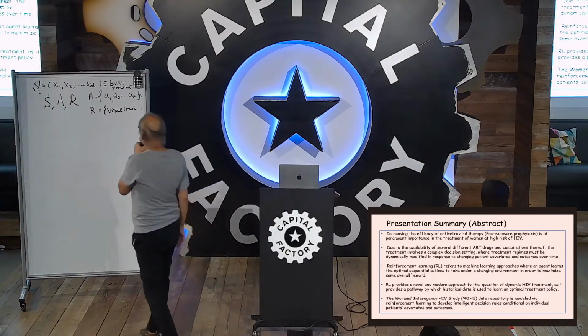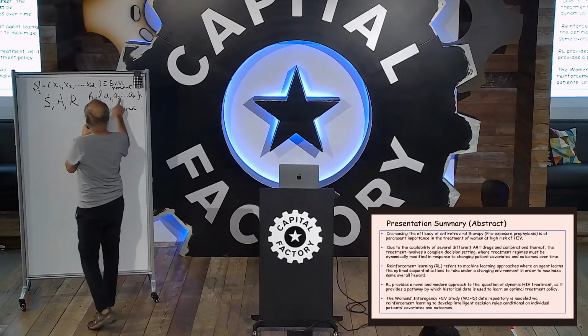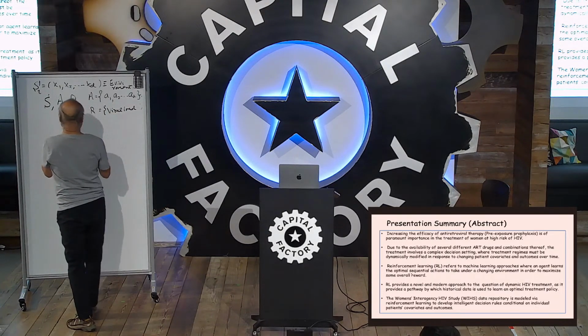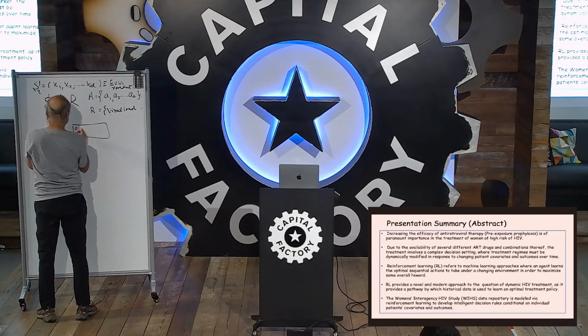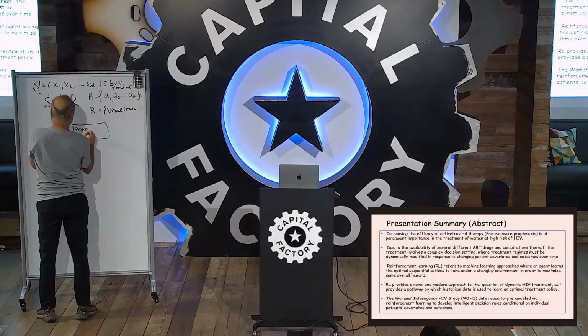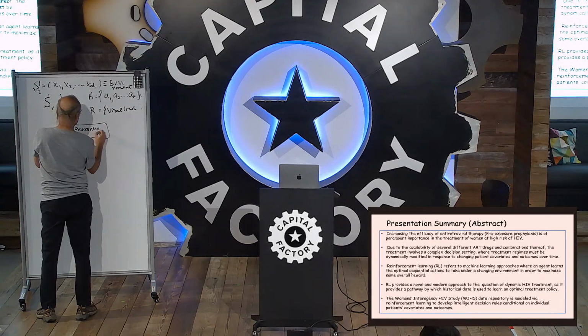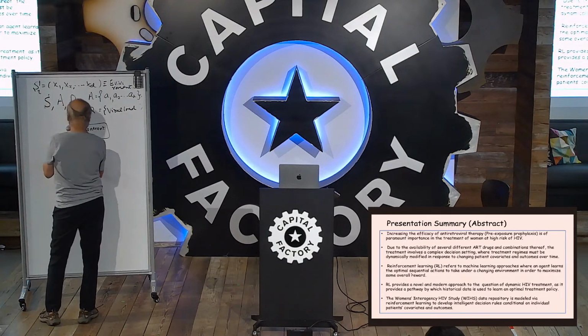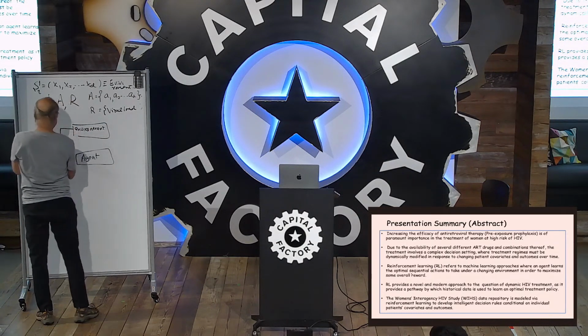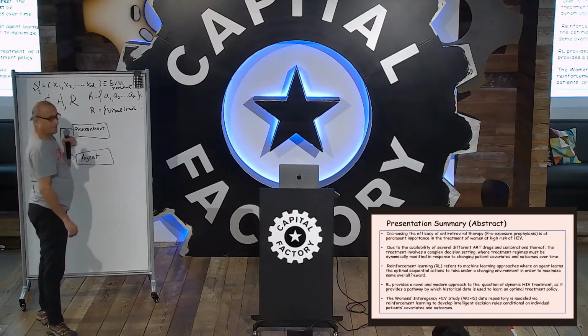So you got the environment, and then you got the, so how does this work? So you got an environment here. And then you got an agent here. The environment provides state information to the agent.